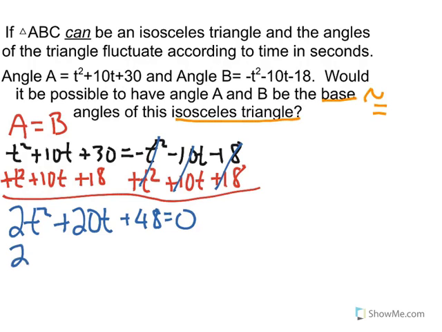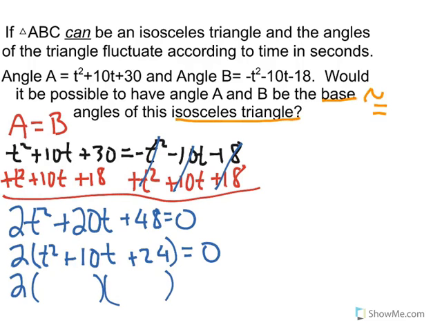I can factor a GCF of 2 out, so I get t squared plus 10t plus 24 is equal to 0. And this would factor to t plus 6 and t plus 4. 6 times 4 is 24, 6 plus 4 is 10, and is equal to 0.